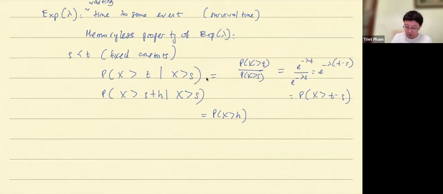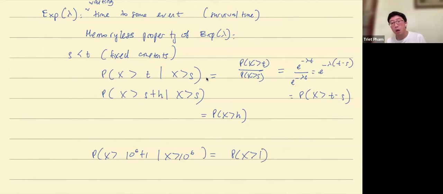To demonstrate the point, the probability that X is bigger than a million plus one, conditioned on X bigger than a million, is the same as the probability that X is bigger than one. You can condition on X bigger than zero, but of course that's by default, so you don't have to.